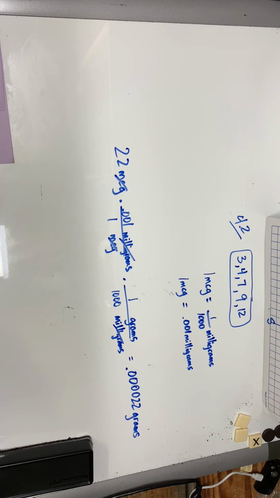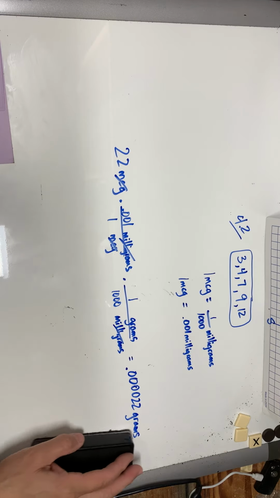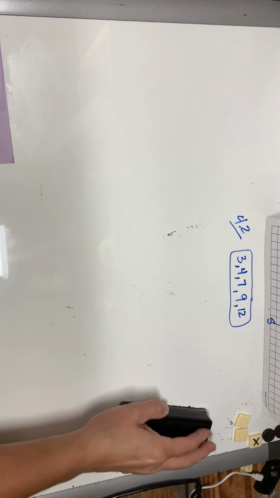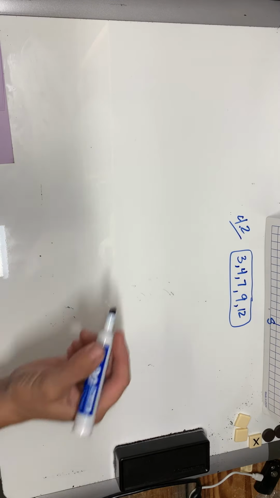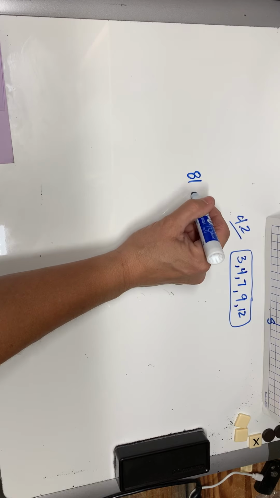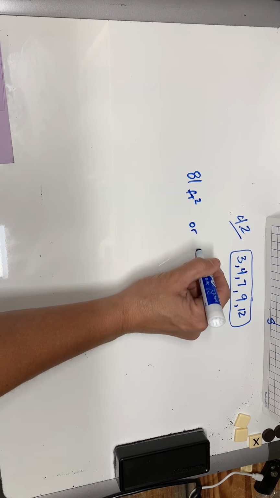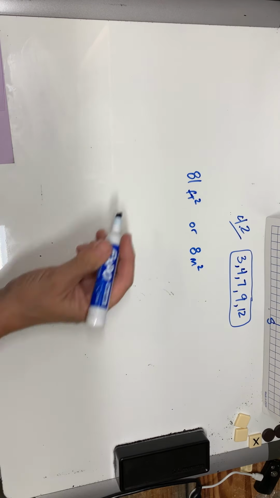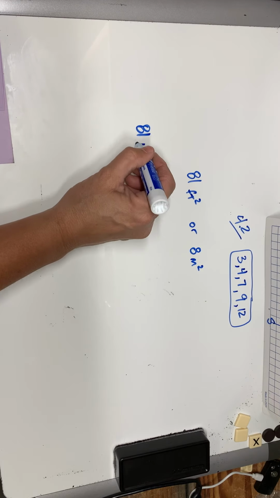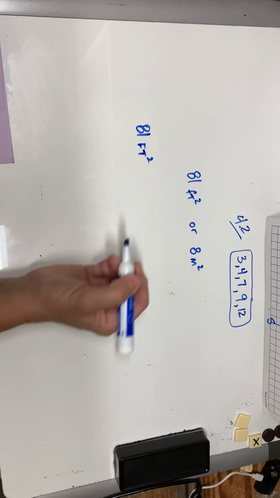The last one I want to do is number 12. It says, which is bigger, 81 square feet or 8 square meters? So 81 feet squared or 8 meters squared. One of the things we would want to do is convert.